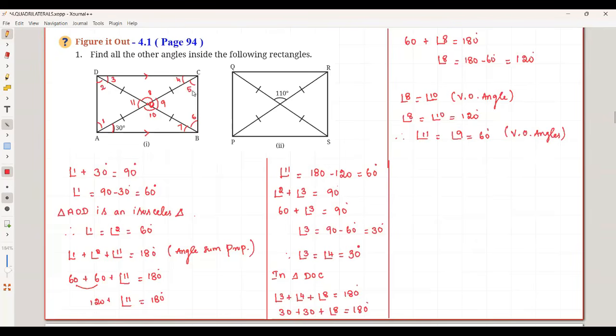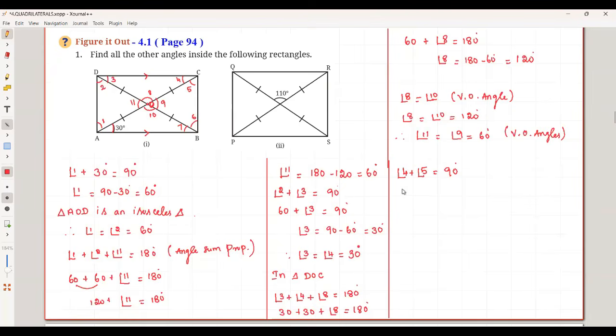So next we have to find angles 5, 6, 7. We'll first find angle 5. Angle 5 plus angle 4 is equal to 90 degrees, in the triangle. Angle 4, how much did we get?